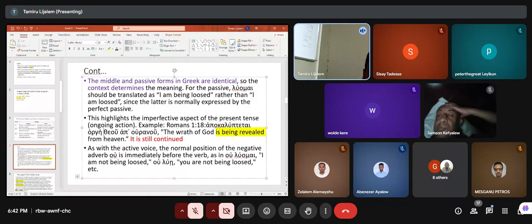Theou. From your Greek one lesson, this one is Theos. You know that Theos is God. And theou is a genitive case.